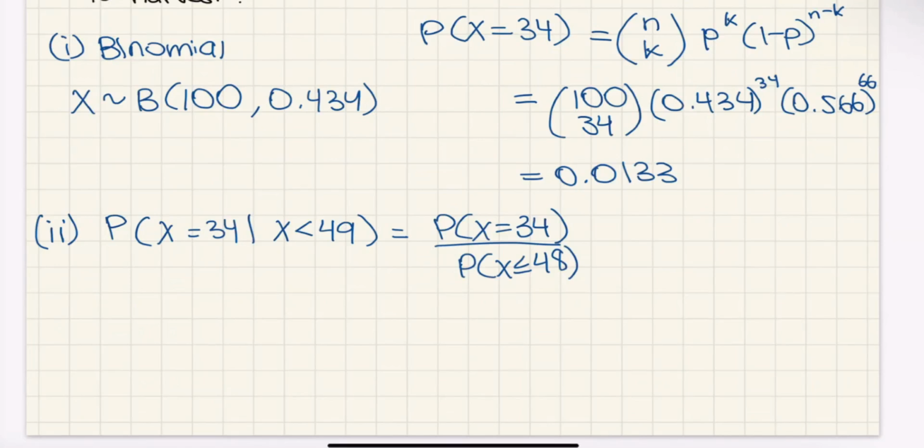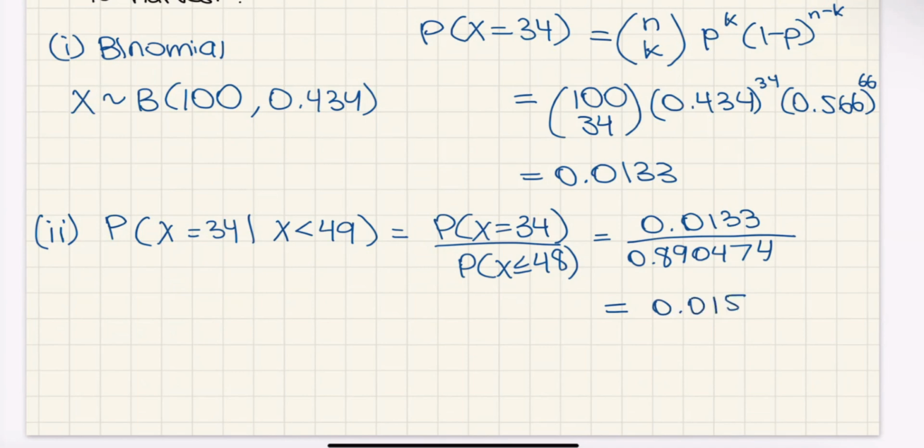If we do that, we get that the probability of being less than or equal to 48 is about 0.890474, and the probability of exactly 34 is up top, and that is going to equal approximately 0.0157. And there we go.